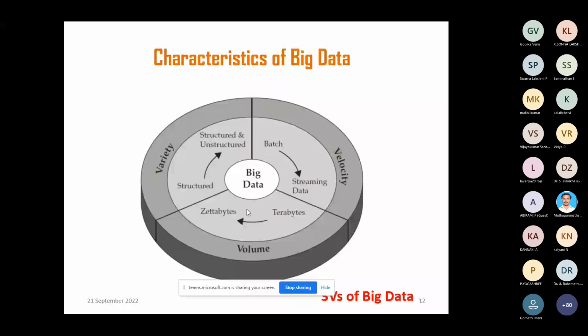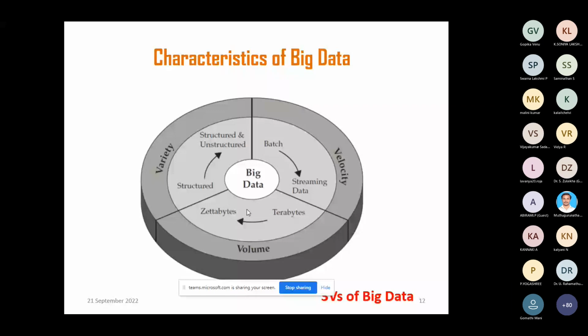The resources we have, like traditional database systems, could not manage such complex formats of data. So we need to think about a tool that could handle such complex types of data, mostly unstructured.